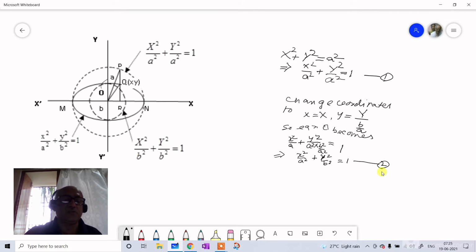Call this equation 2. I will call this the equation of the ellipse, not a word more and not a word less. Of course, I will explain how this is the equation of an ellipse and what is the meaning of eccentricity.